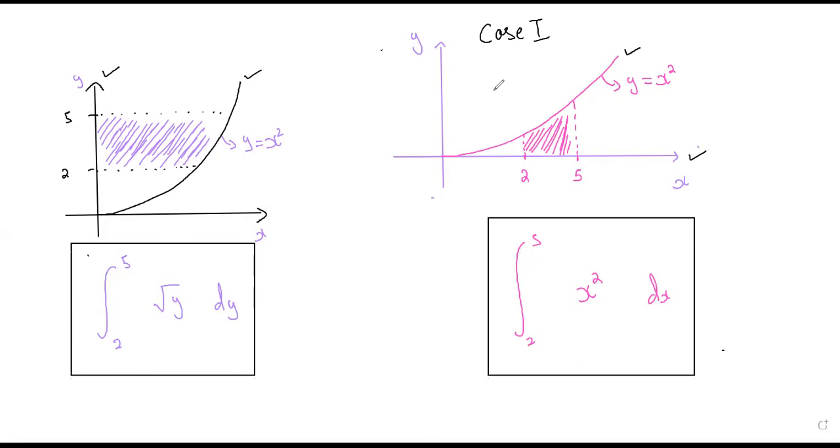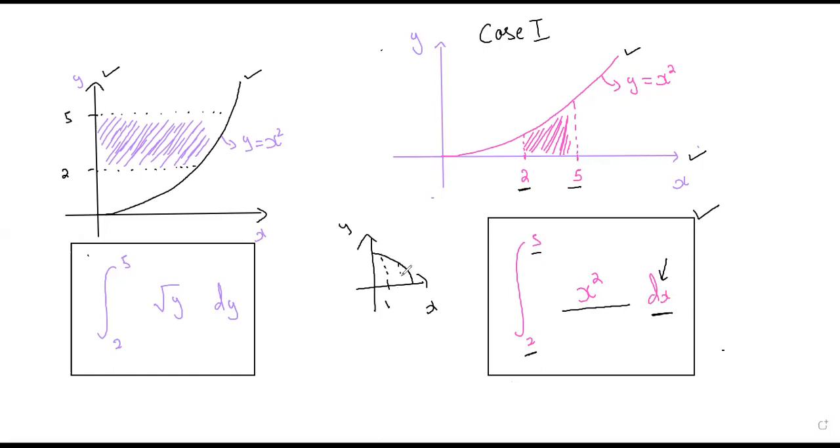Here we have the area between the curve and the x-axis. So you know that the limits would be from the x-axis, that is 2 and 5, it would be dx. And when you have dx here, this thing would be in terms of x. So I'm pretty sure that you guys would be comfortable with this. For example, if I make another diagram quickly, let's say if I make this one, something of this type.